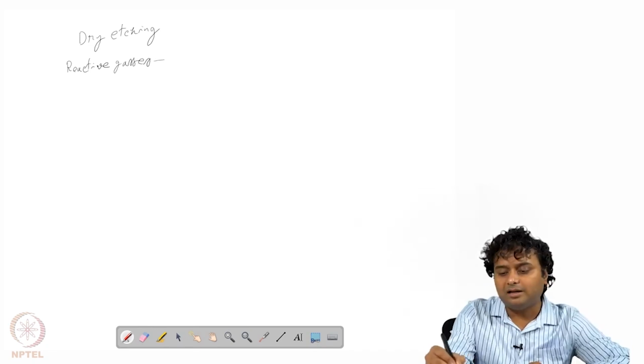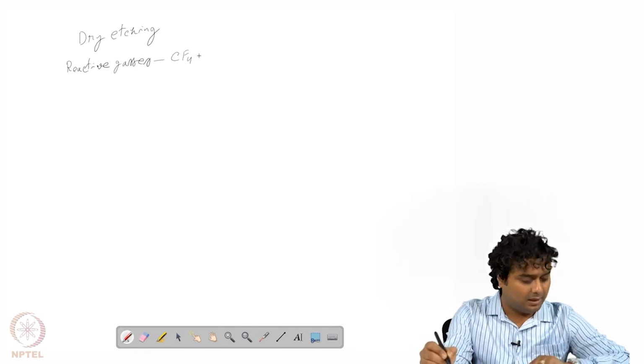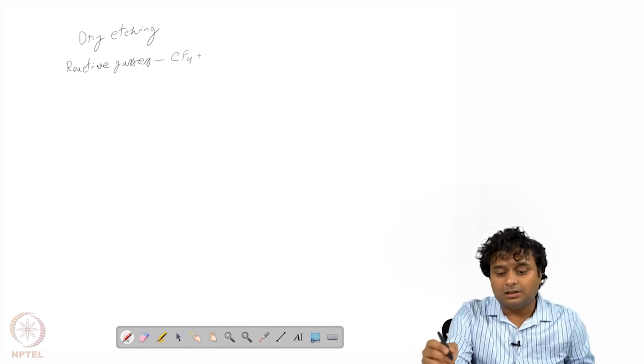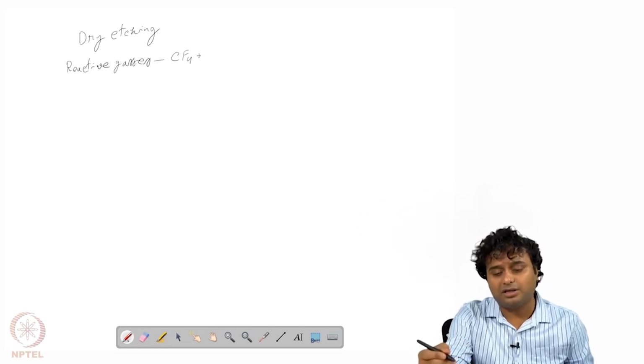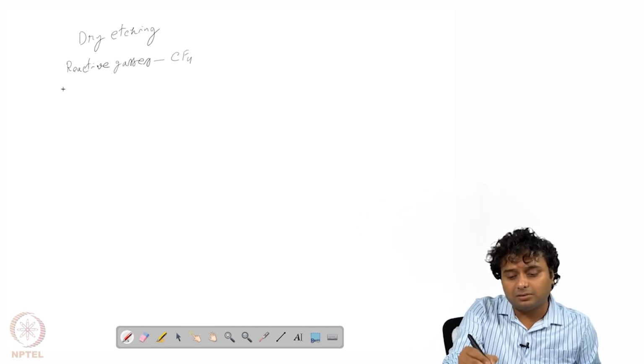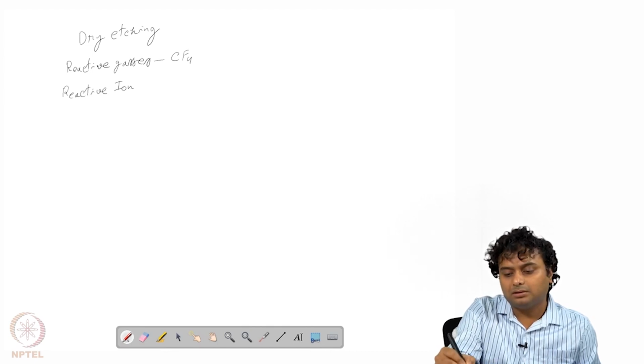One kind of very reactive gas is CF4, then SF6, etc. And we use not only these reactive gases, we also ionize them, and that is why this is called reactive ion etching, or in short RIE.